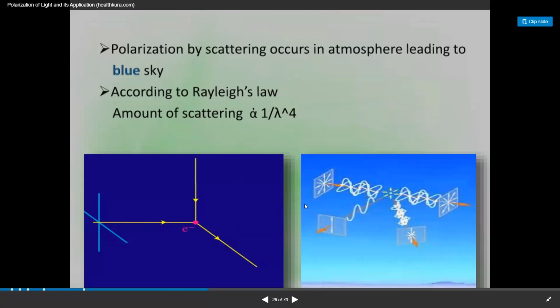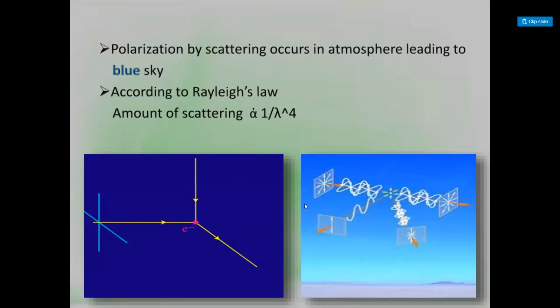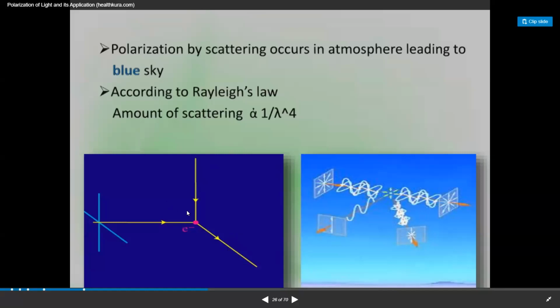The best example of polarization by scattering is why the atmosphere appears blue in color. In the atmosphere, we have clouds. The atoms in that cloud scatter the light through their electrons, and due to that scattering, the light is transmitted to neighboring electrons. This continuing process gives the blue color in the atmosphere.